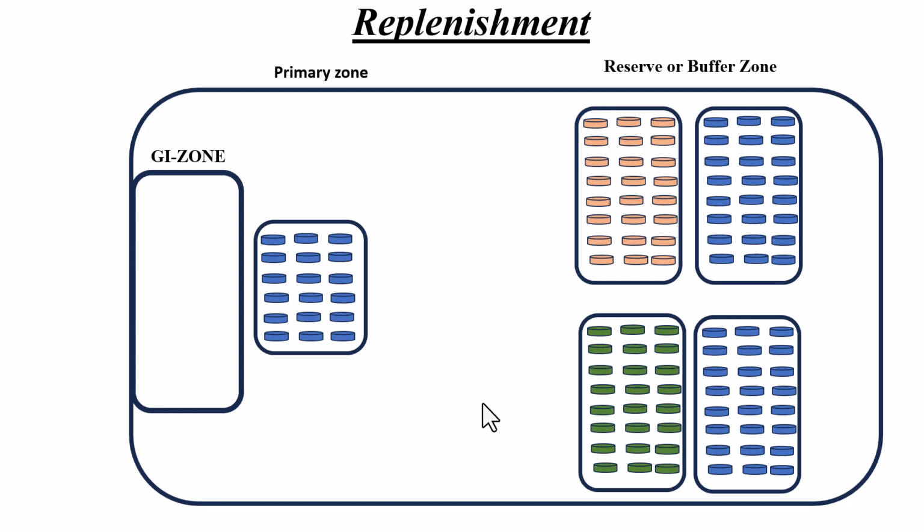What exactly is replenishment? For example, in this image there are 18 products. For these 18 products, I'm assuming that six is the minimum quantity. When it reaches six in the primary zone, the system will automatically create a replenishment warehouse task to bring the products from the backyard to the primary zone.